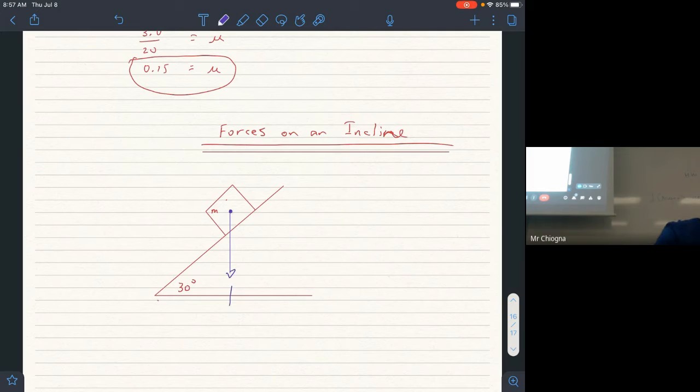FG is always acting down. That never changes. Always pointed straight down. Even though the surface is slanted, FG is pointed down.